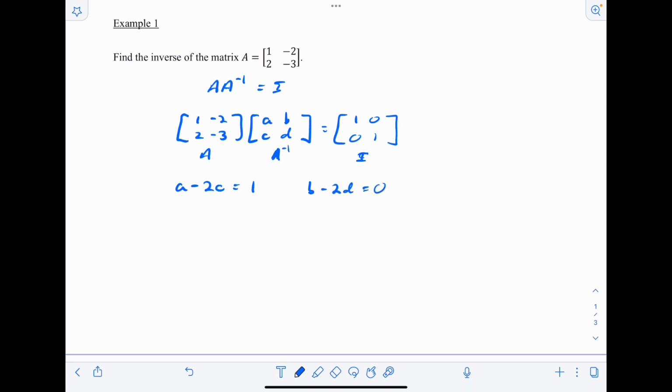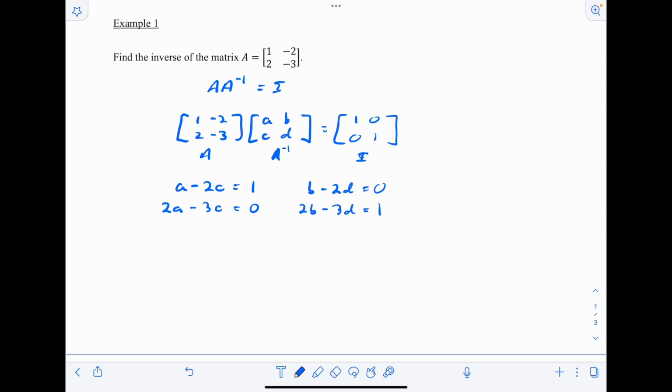Now the second row: 2 and -3 times a and c gives 2a minus 3c equals 0. And 2b minus 3d equals 1.